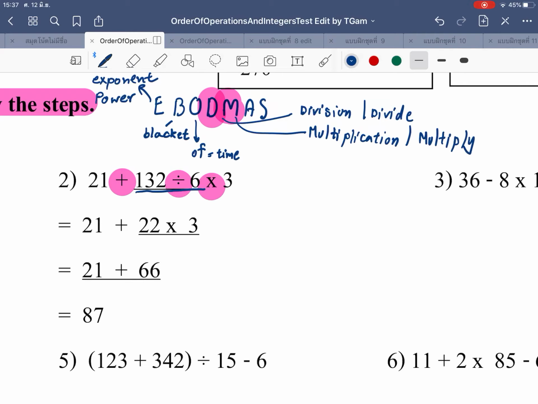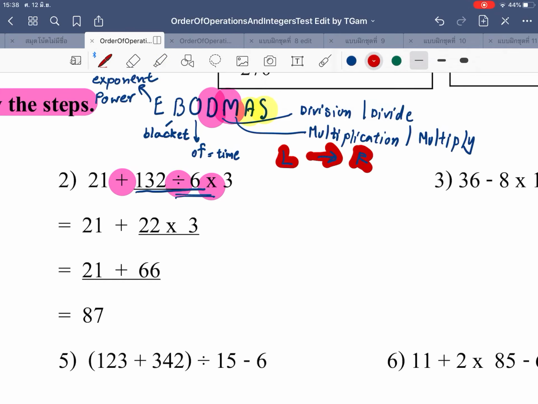When you have division or multiplication at the same level like this, without any bracket, what you're supposed to do is do it from left to right, like this.